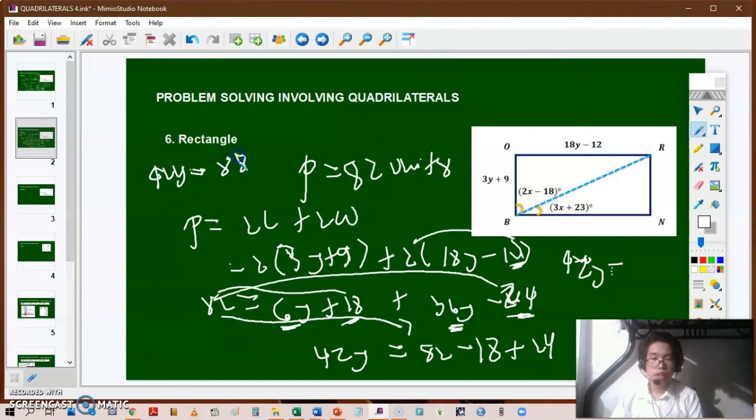And if we divide 42y by 42, we get y is equal to 88 over 42, or 44 over 21. So the value of y is 44 over 21.